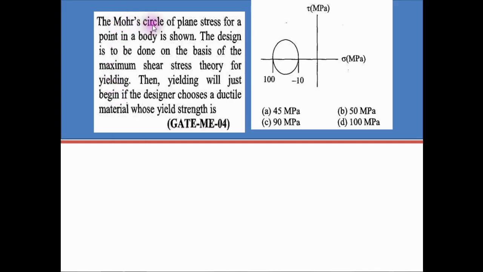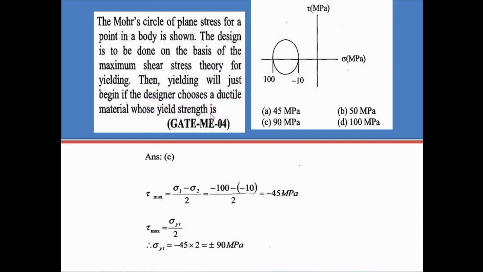The Mohr circle of a plane stress for a point in a body is shown in figure. The design is to be done on the basis of maximum shear stress theory for yielding. Then yielding will just begin if the designer chooses a ductile material whose yield strength is. We know that tau max is equal to (sigma 1 minus sigma 2) divided by 2.